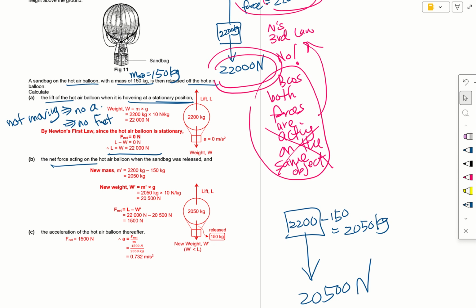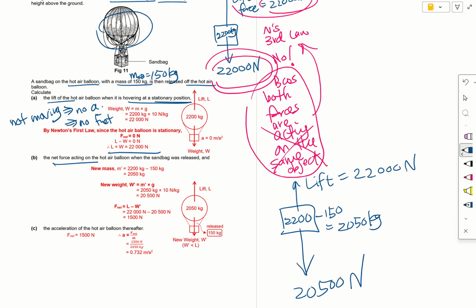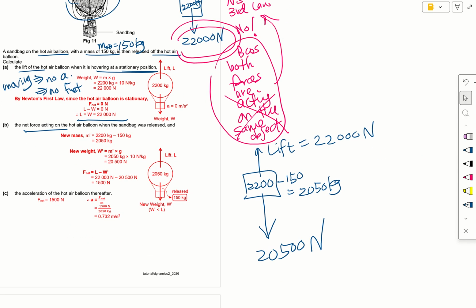It is actually due to the density of the hot air inside. So I will keep the lift force to still be 22000 Newton, right? So now if you have drawn this free body diagram successfully, you'll find that there is now a resultant force. And how do we represent the resultant force? With a double arrow and not touching the object.